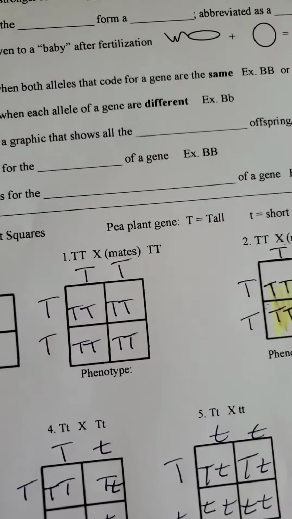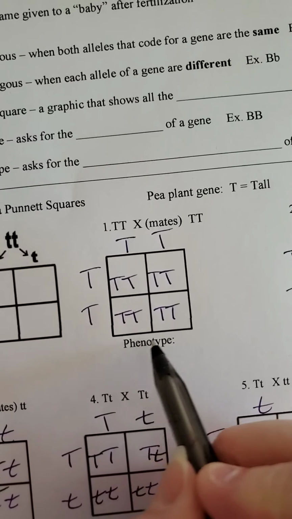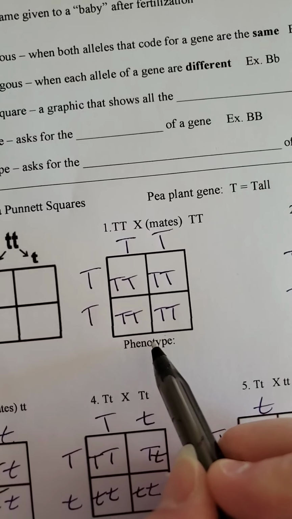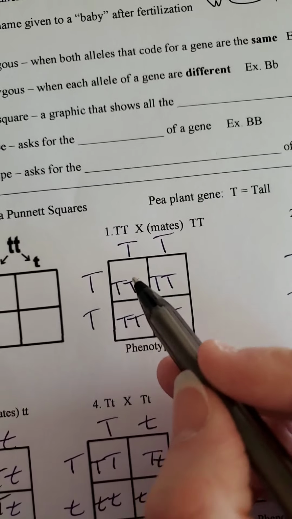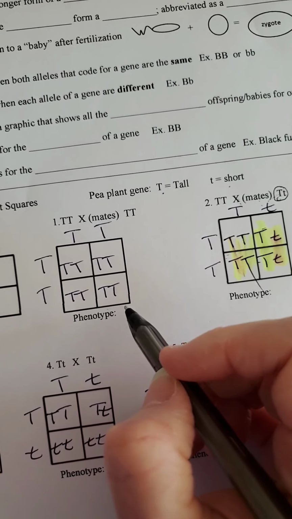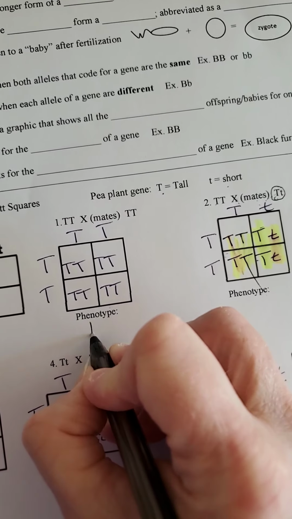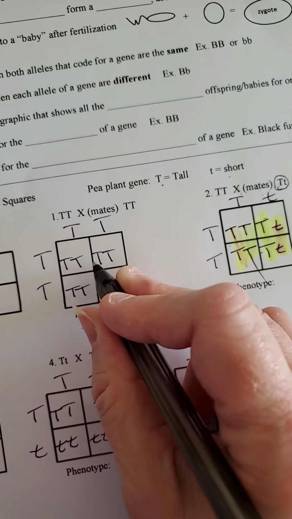So what we've got to do now is another thing y'all learned from yesterday, something called the phenotype, or looks like. So what is big T going to look like? Is it going to be tall or short? Well, it's tall. And how many boxes say tall?